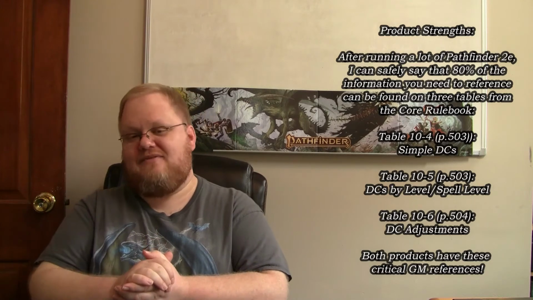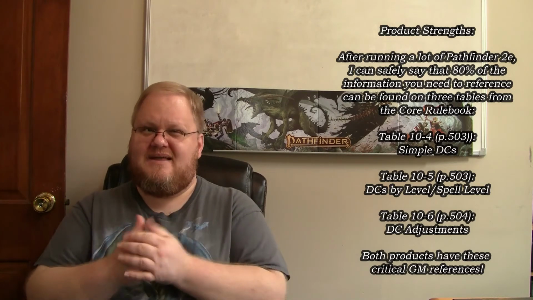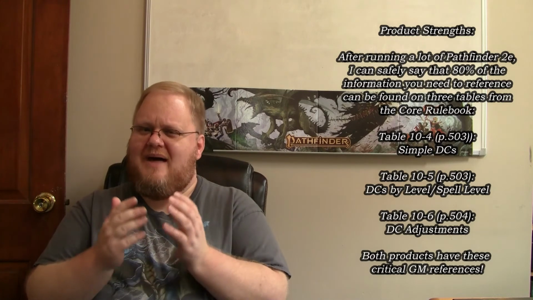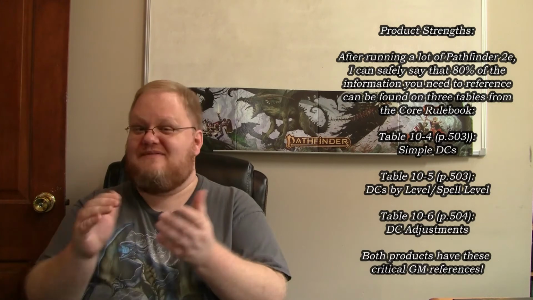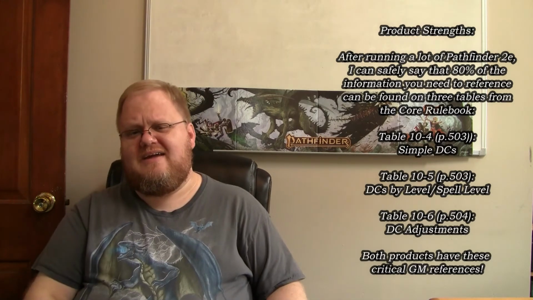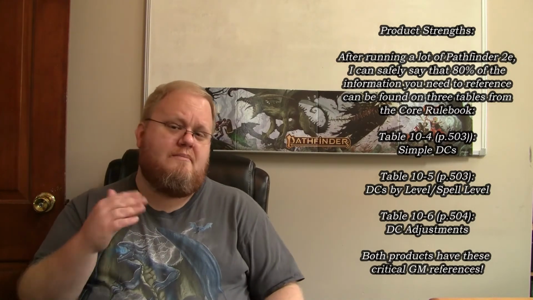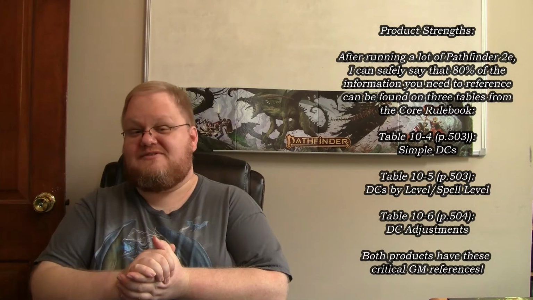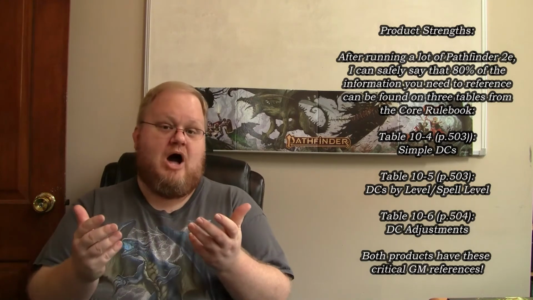If you're going to tell Pathfinder 2nd Edition, there are 3 tables that I would say make up about 80% of the rules that you need to know to invent stuff on the fly. And the thing is, the basic Game Master screen and the advanced Game Master screen both have those 3 tables.